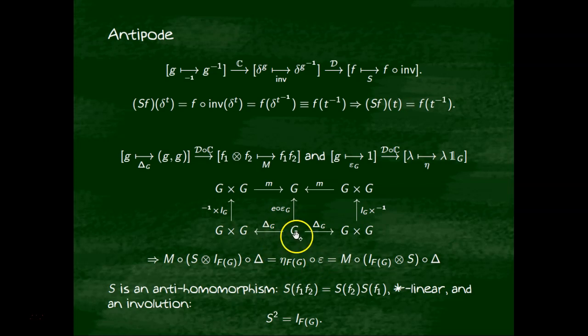So essentially, what do you got? Take an element of the group, maybe I'll call it T here. Do the diagonal map, so you get TT. Apply the inverse to one of them, so you get T inverse T. Then multiply them together. What's T inverse by T? E, the identity. And then you apply this epsilon, which will take the identity to 1. And then this should actually be the dot.